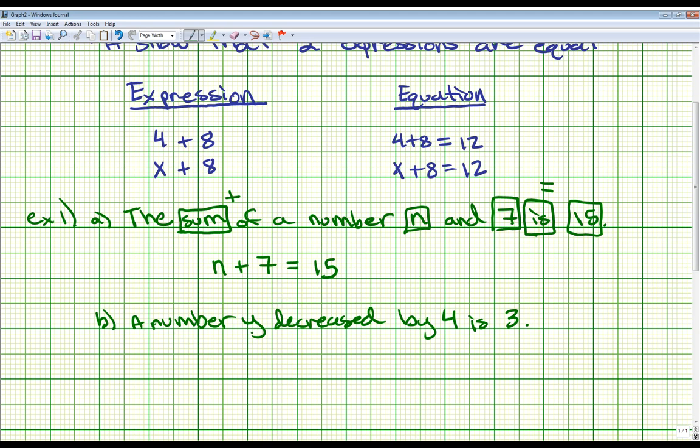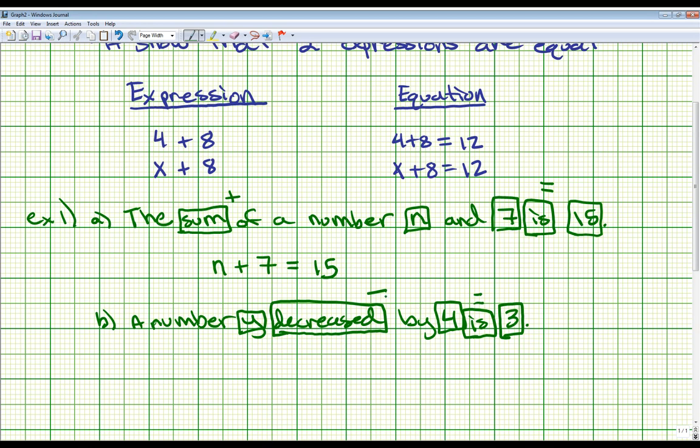So we have a number y, so we're going to be using y as our variable this time. Decreased by is an important phrase, so we're going to say decreased here. That's going to tell us things are going to be going down. And it says decreased by 4, so we know we're going to be using a 4. And remember, when you think of decreased, I want you to think of subtraction. Here's that word again, is. So is going to be like our equal sign. And then 3 is going to be on the other side of our equal sign.